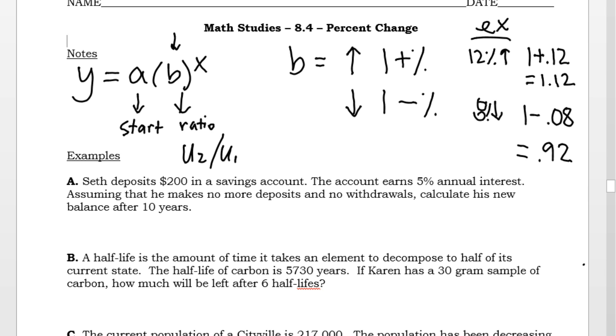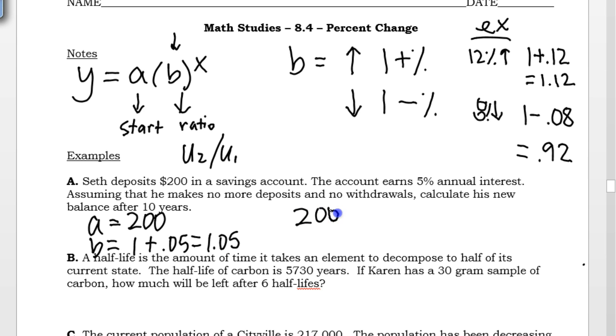So, example A says Seth deposits $200 in a savings account. The account earns 5% annual interest. Assuming that he makes no more deposits and no withdrawals, calculate his new balance after 10 years. So we're starting with $200, and he's earning 5%. So my ratio is going to be 1 plus 5%, 1.05. After 10 years, how much does he have?